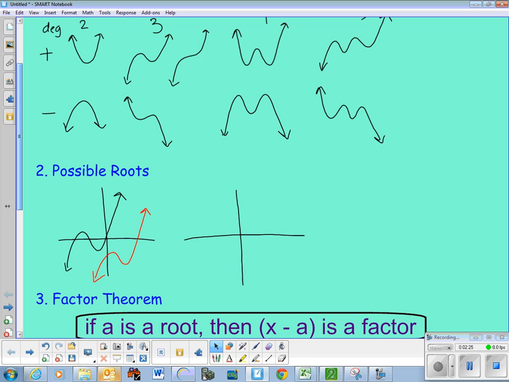Quartic, 4th degree, it's got some options. Actually, I forgot one. With cubic, it could have 2 real roots and do something like this in blue, where it just touches the axis. We've got a root here, and then a root here where it touches the axis and bounces off. That's what we call a repeated root.